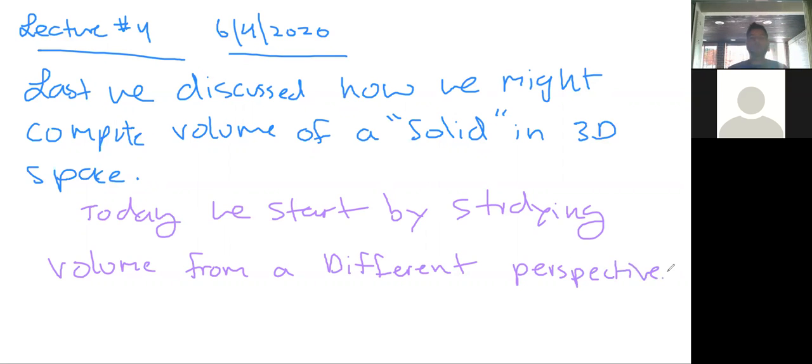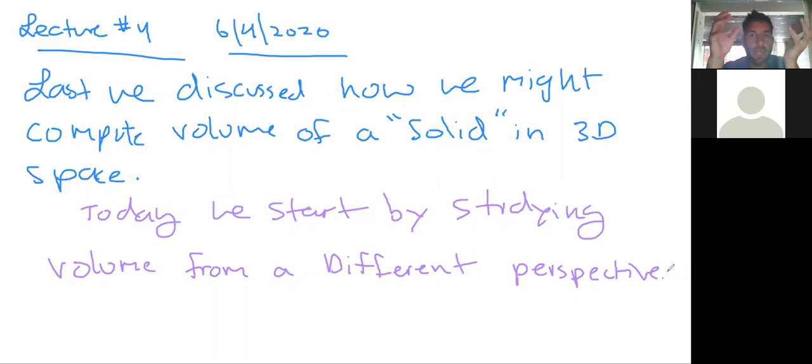So the way we studied volume last class is we thought about taking a solid and slicing it into a bunch of really small pieces, looking at each piece, approximating its volume with a standard shape, and then adding those approximations together. And when you add those approximations together, it is a Riemann sum, and hence we can then take the limit of that Riemann sum to obtain an integral.